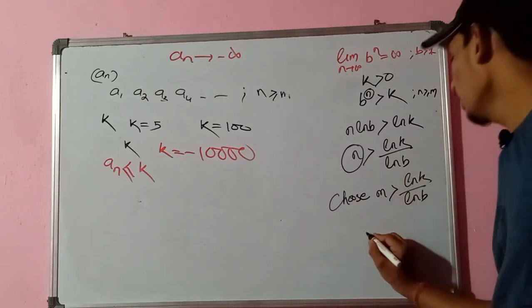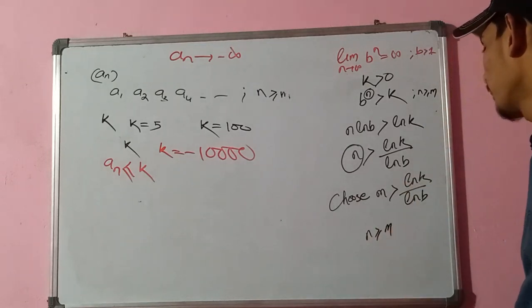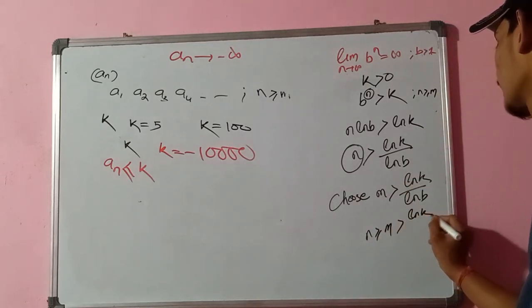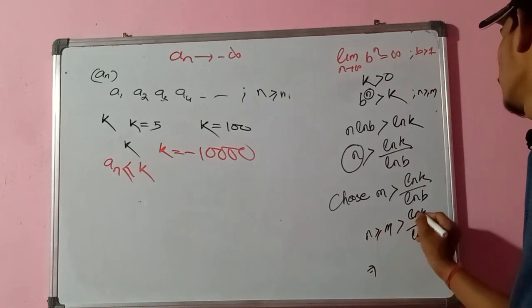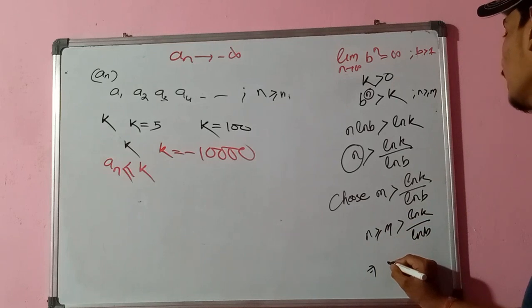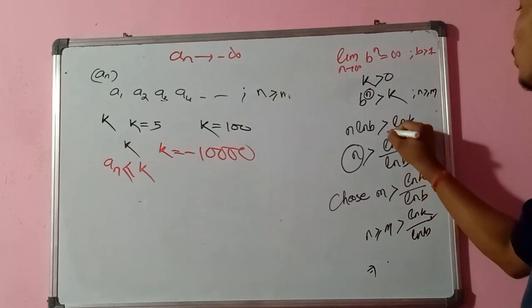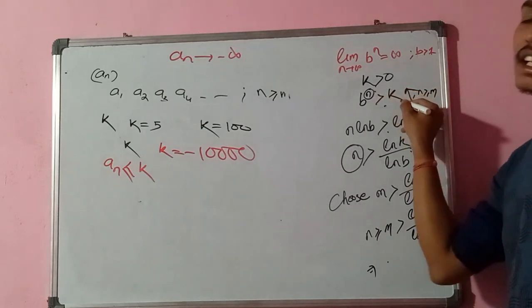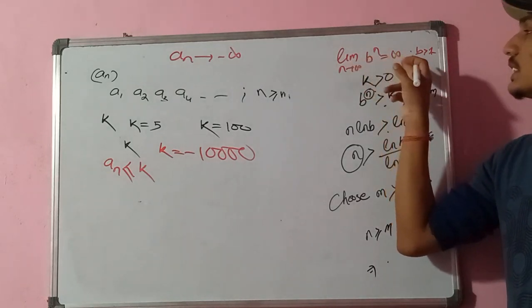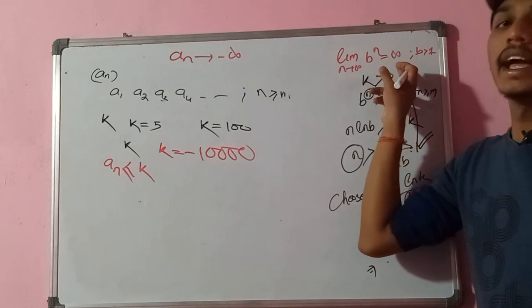And as you know, n is greater than equal to m which is greater than ln k by ln b. So my n is greater than ln k by ln b. Proved. So my b^n is greater than k. So the limit of the sequence is equal to infinity.